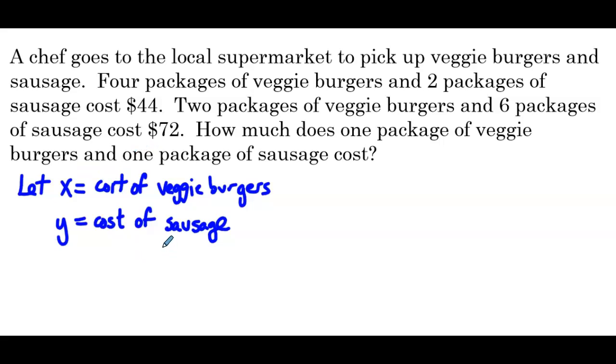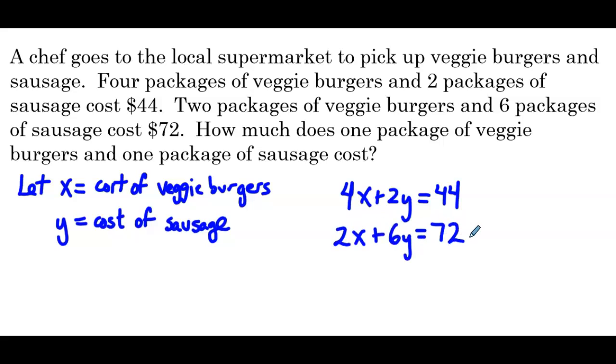So now that we've defined our let statement, we've defined our variables, we have 4 packages of veggie burgers and 2 packages of sausage cost $44. So that means 4x plus 2y equals 44. And then 2 packages of veggie burgers and 6 packages of sausages, so 2x plus 6y equals 72.